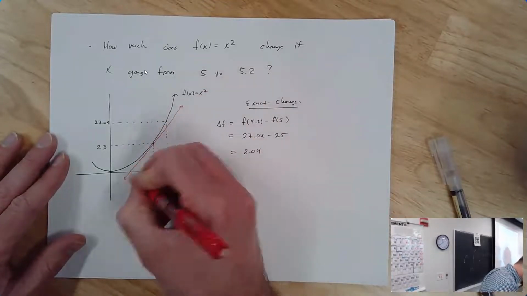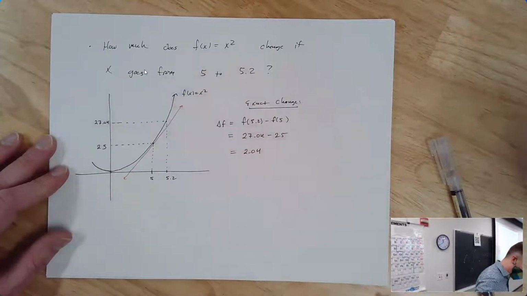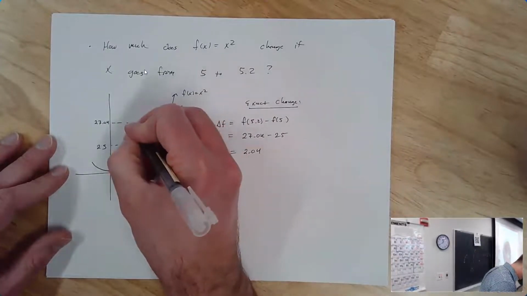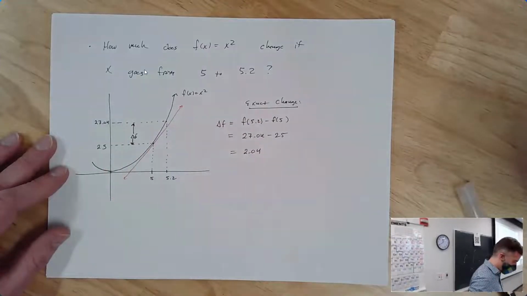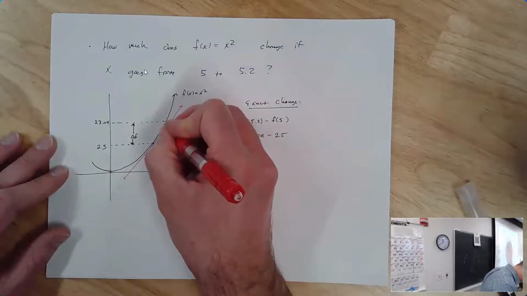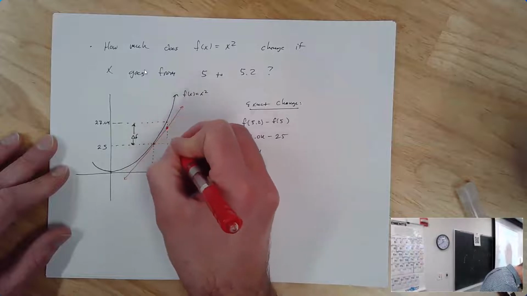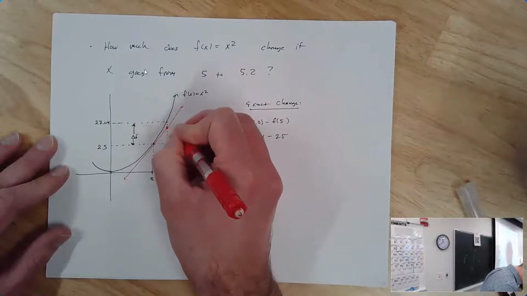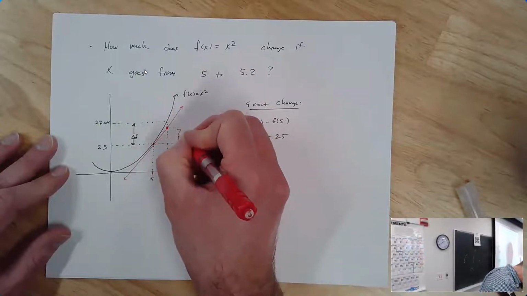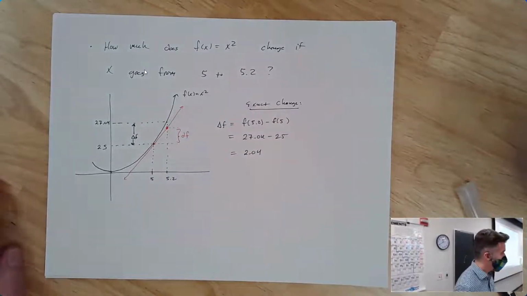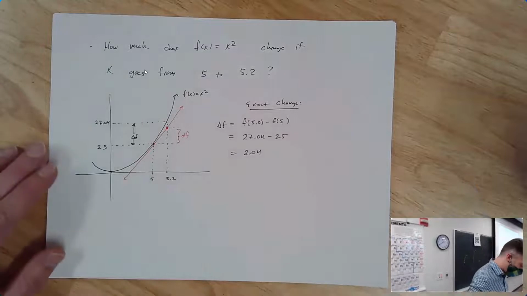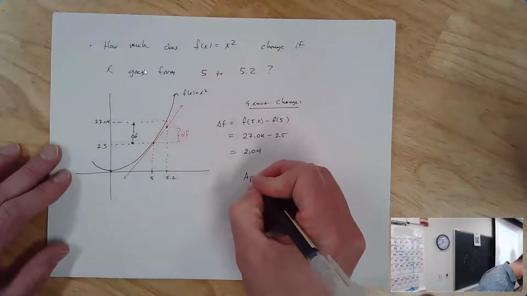Instead of calculating this, which is delta F, we're going to calculate this, which we typically call dF, the differential. Here's why we call it that. So, approximate change.